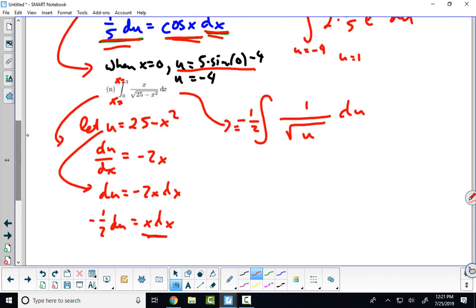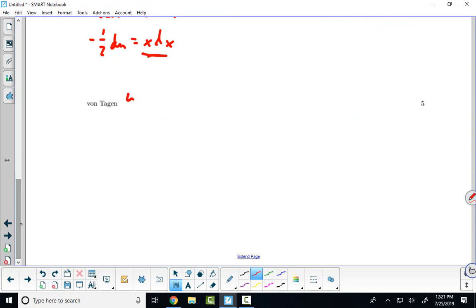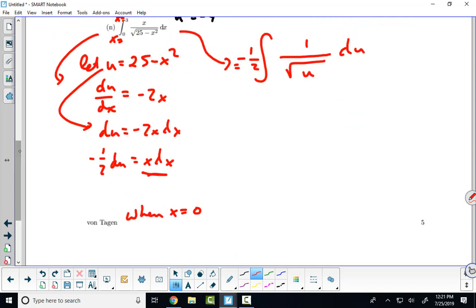Maybe somebody admit they had trouble, because then I can work with you. Yeah, Daniel. What was our lower limit of integration? 0. Okay, so we write when x is 0. What's our formula for getting from x world to u world? This is the formula that we came up with. It's going to translate between the two, right?